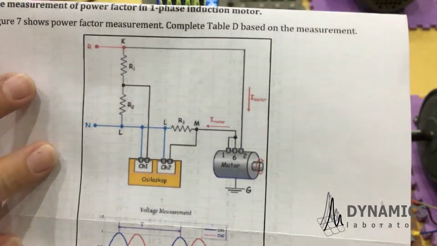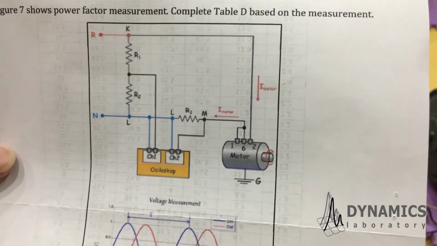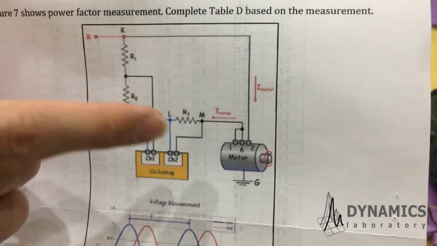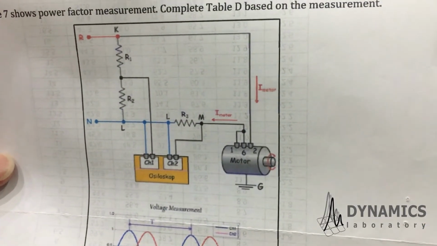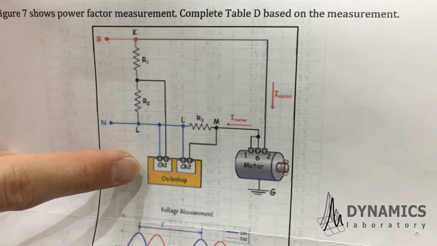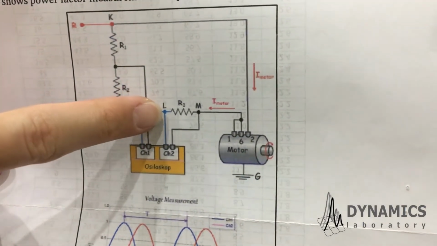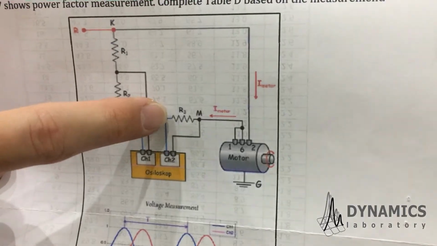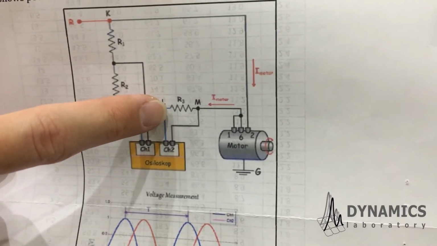Look at this diagram. This is the diagram of our experiment. Basically, we want to connect the grid supply to our motor. And we want to measure the voltage and also current inside the motor by using an oscilloscope. The oscilloscope cannot measure current. That's why we will utilize this R3, look at this, R3, and we will connect channel 2 of the oscilloscope parallel with R3.